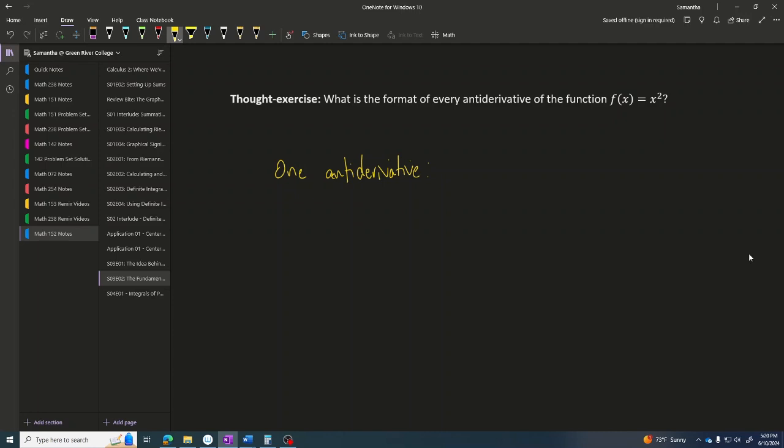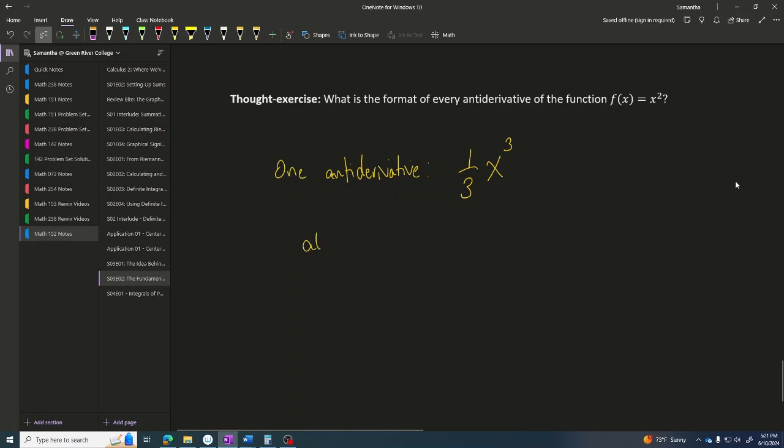If I want to get an x to the power 2 out of the power rule, I should probably start with an x to the power 3, so that when that 3 decreases by 1 unit, it becomes 2. And if I want to get x squared exactly, I should have a 1/3 in that expression as well, so that when the power rule causes this 3 to come down to the front, that 3 kills this 1/3, and I'm left with just one copy of x squared. So 1/3 x to the third power would be one antiderivative of x squared.